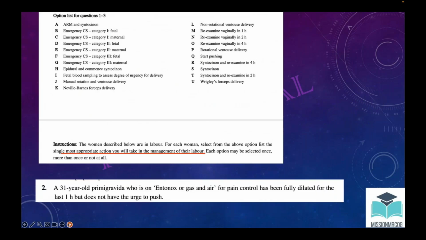Next, the patient is on gas and air for pain control, fully dilated. For 1 hour, she has no urge to push. Epidural and commence syntocinon. She's already on pain relief, but she doesn't want to push, does not have the urge to push.